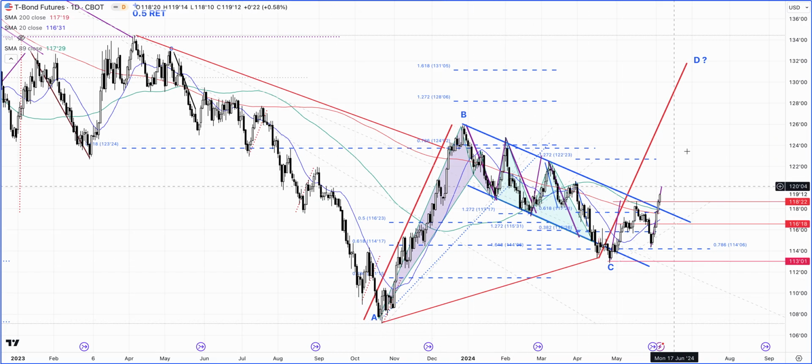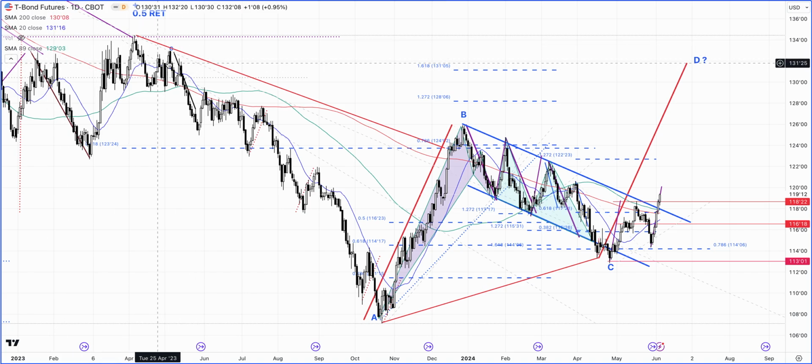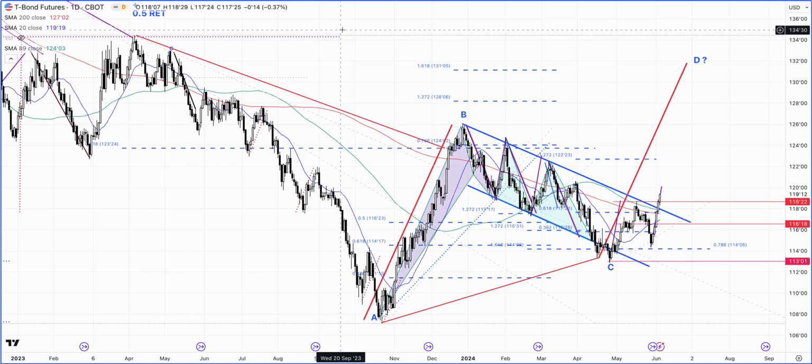which brings us to the point that now I believe we are actually in an ABCD formation higher, shown in this red formation, and this market could go as high as 131, and over 131 could be a pretty strong resistance. It will also be right here where we have previous highs as well, coming in from April of 2023, and so it could be a pretty nice rally in bonds, which could in fact be good for stocks.